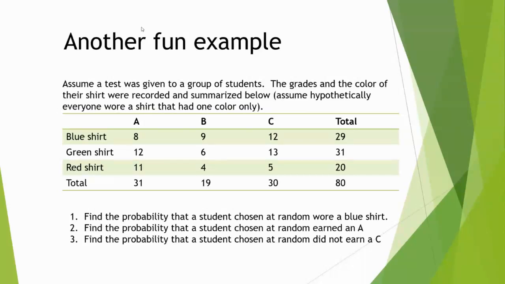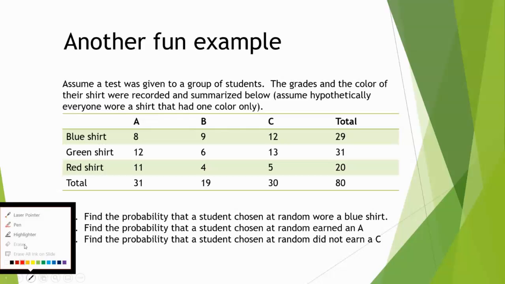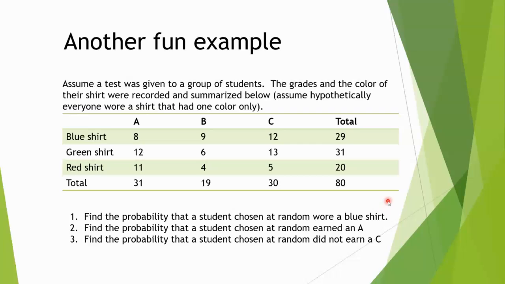Now, we want to know what's the probability that a student chosen at random wore a blue shirt? Well, if we're choosing a student at random, there's 29 students with blue shirts.